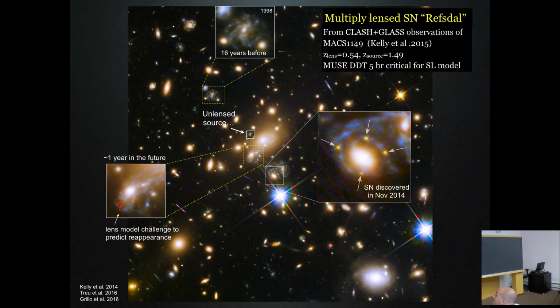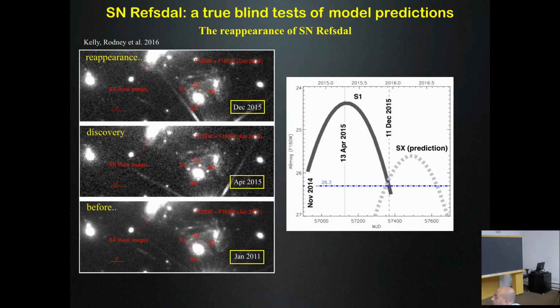And this is what has been done, again involving basically all the groups that were working on the Frontier Fields. The supernova has reappeared in this position here, you can see, in December 2015.